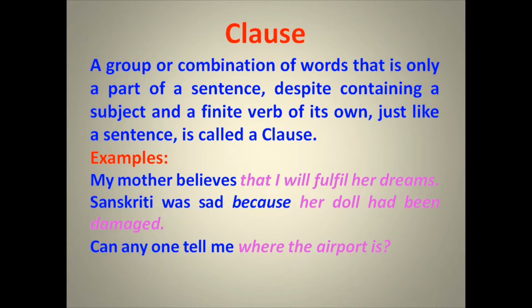Just like a sentence, as I have told you earlier, the basic necessity to be a sentence is one subject and one verb. One subject and one verb is needed to be a complete sentence. Similarly here, a clause must have a subject and one finite verb of its own.